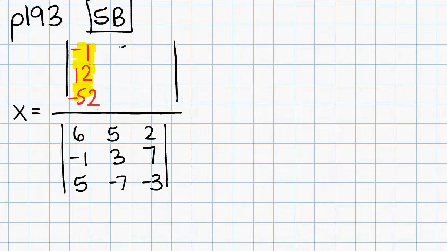And the other two columns just come straight up. They don't change anything at all. So pause the video and take a moment, set up the fractions for y and for z.